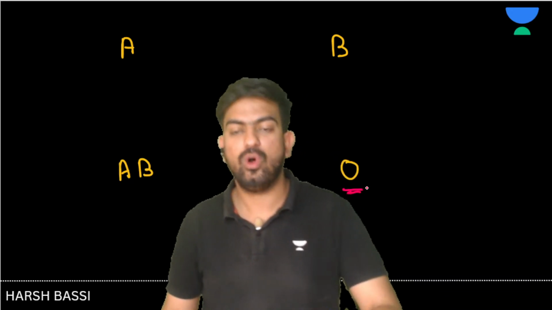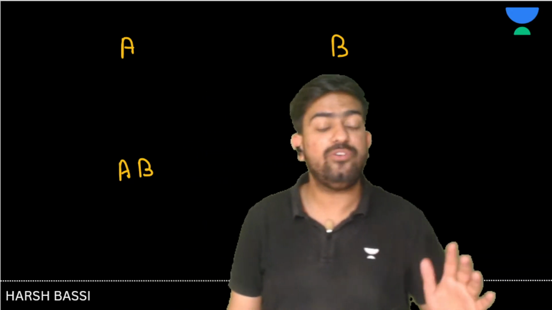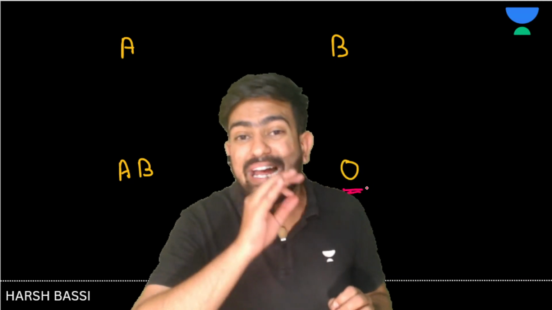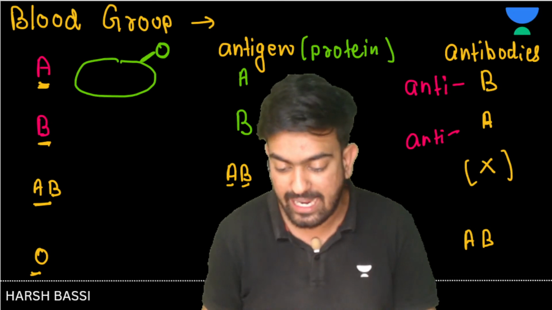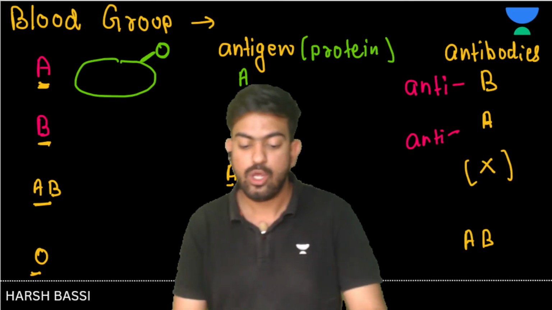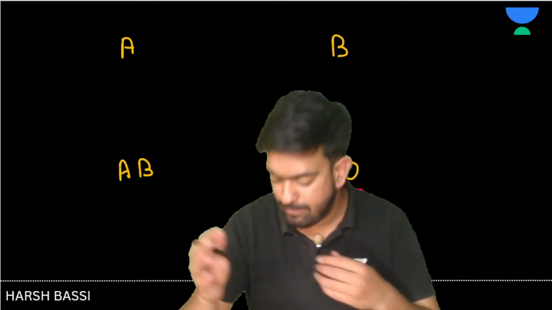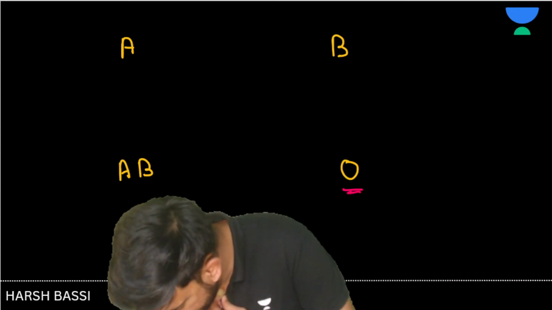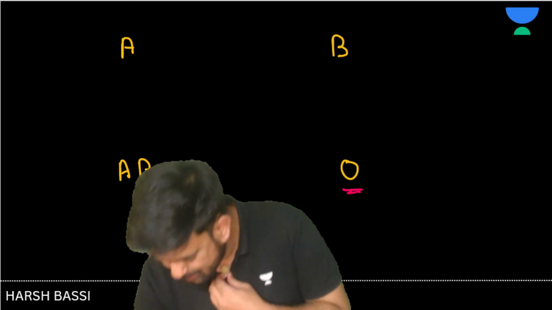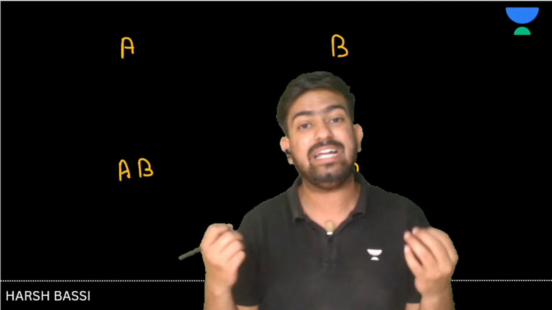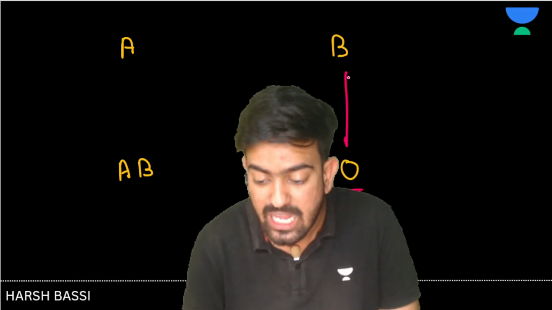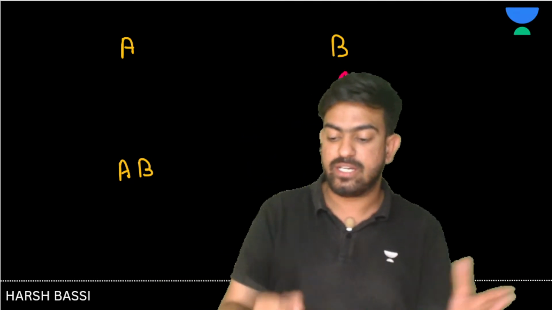Okay. I said that O has no name. So O cannot be recognized by anyone. Why? It has no antigen. तो O क्या है? किसी के बॉडी में भी घुसा दो, उनको पता ही नहीं चलेगी कौन सा ब्लड ग्रुप आया, because it has no antigen. So that's why antibody and antigen का रिएक्शन ही नहीं होगा.